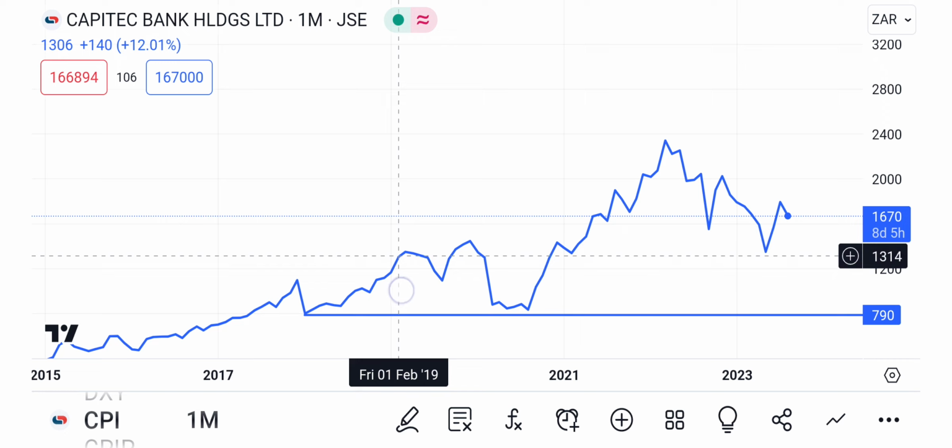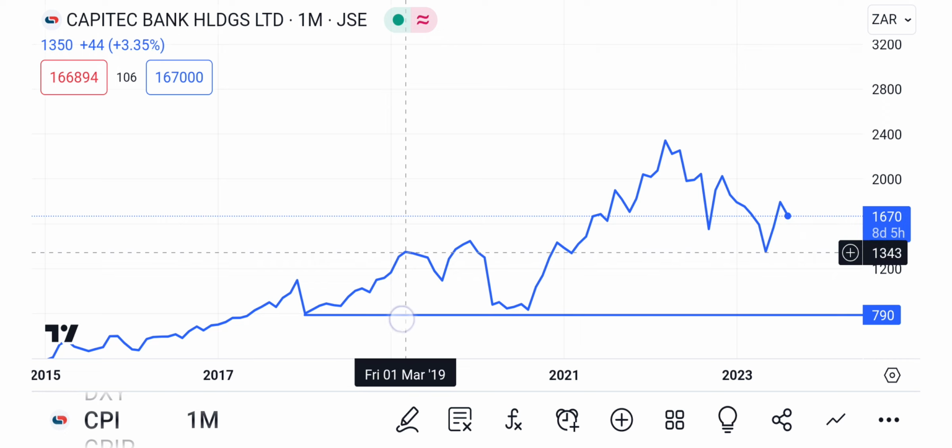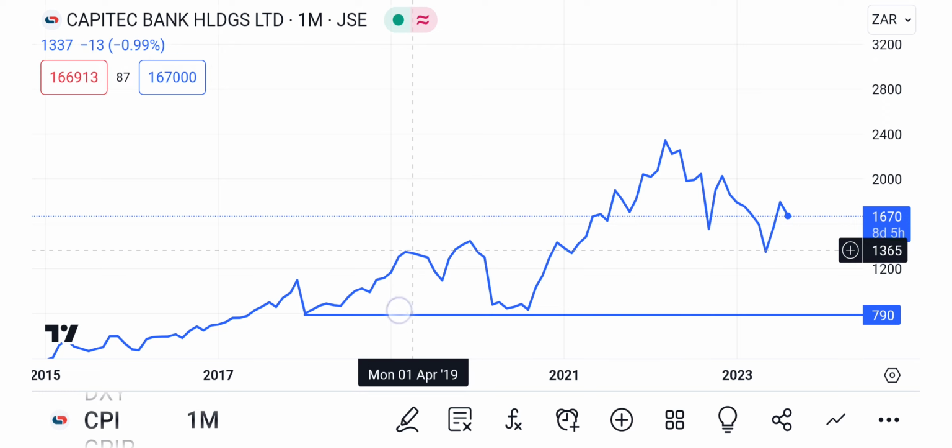Then it moved up again until it reaches this point. That point was in, when was that? It was February 2019. Oh, it's March 2019. They bought until it reached that point.